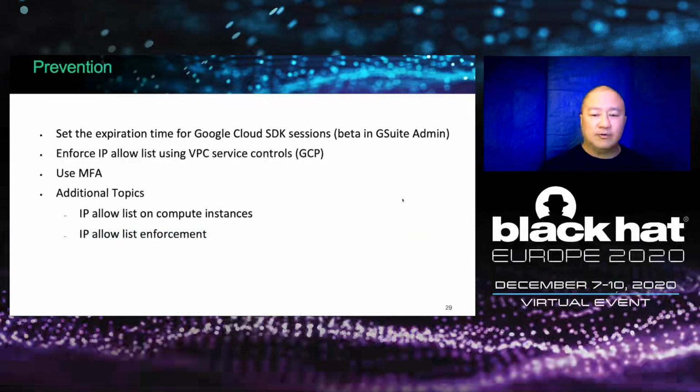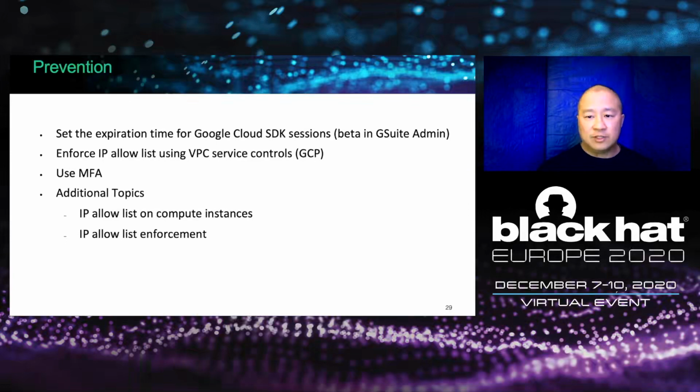So let's talk about prevention. Number one, you do want to set an expiration time for Google Cloud SDK sessions, which really means CLI and API sessions. By default, there is no expiration, and that was the case with environments in the attack scenario. They were for months, cached accounts were accessible from that victim environment.